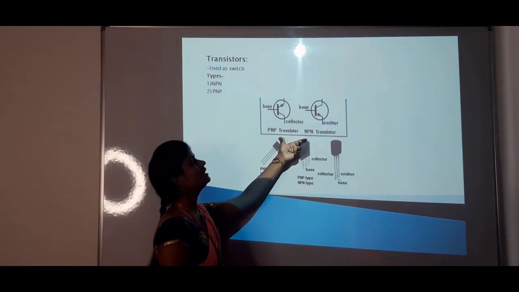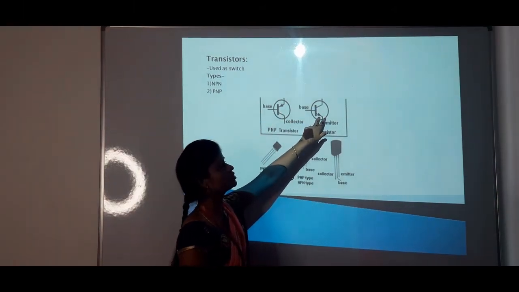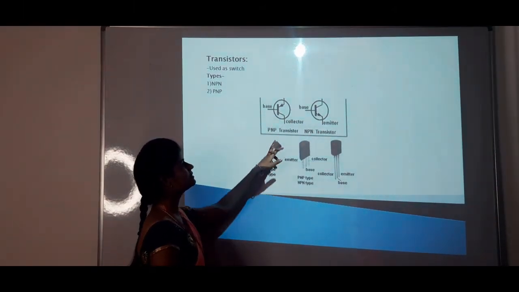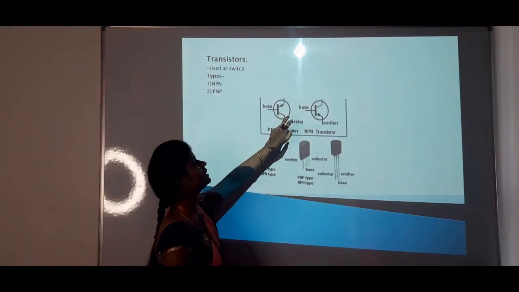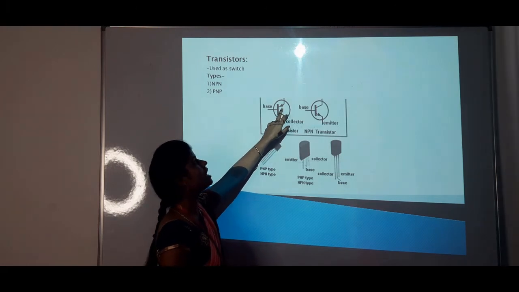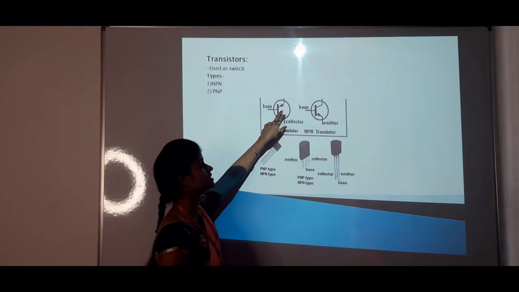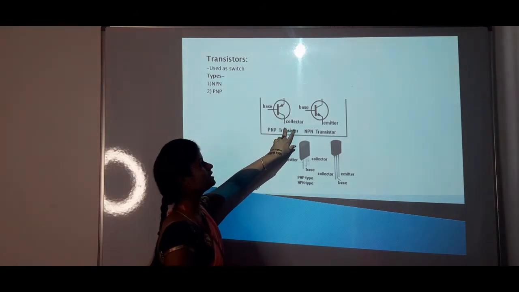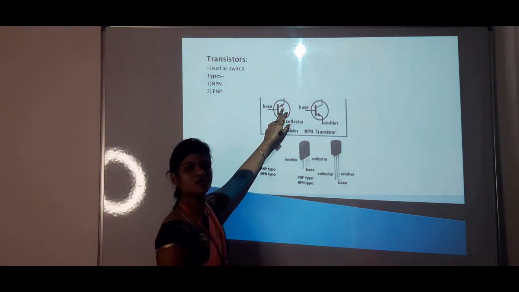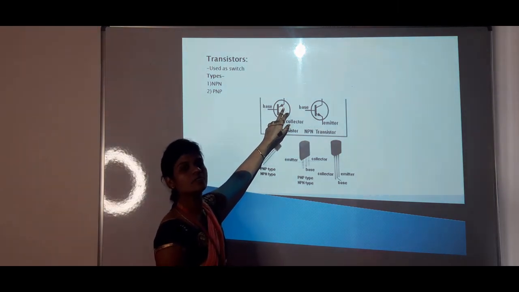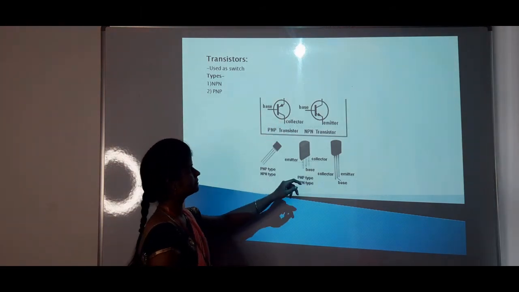From both of the symbols, we see the arrow mark that can be shown here. That means in case of the PNP type transistor, the arrow is represented in the upward direction. Why is it shown in the upward direction towards the collector terminal of the transistor? Because this arrow mark represents the direction of the current which flows from the transistor.